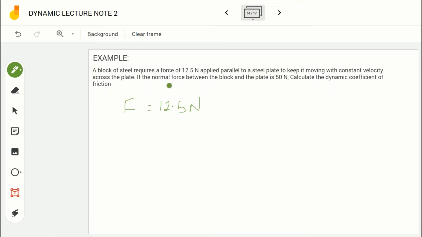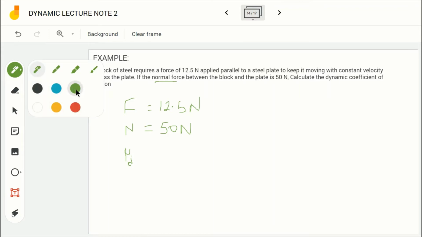Now I'm given the normal force, N, which is 50 Newton. The question is, we're asked to find the dynamic coefficient of friction, which is rho subscript D. Now we can solve this using the formula.